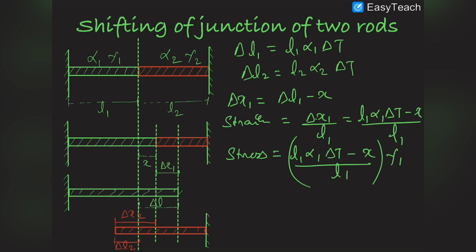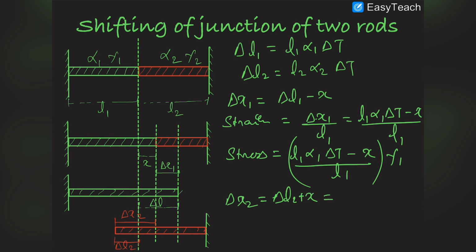You can see that if the red rod was alone, then it would have expanded by ΔL2, but now its free end has moved, in fact it has moved in the backward direction. So the restricted length Δx2 will be equal to this ΔL2 plus x.